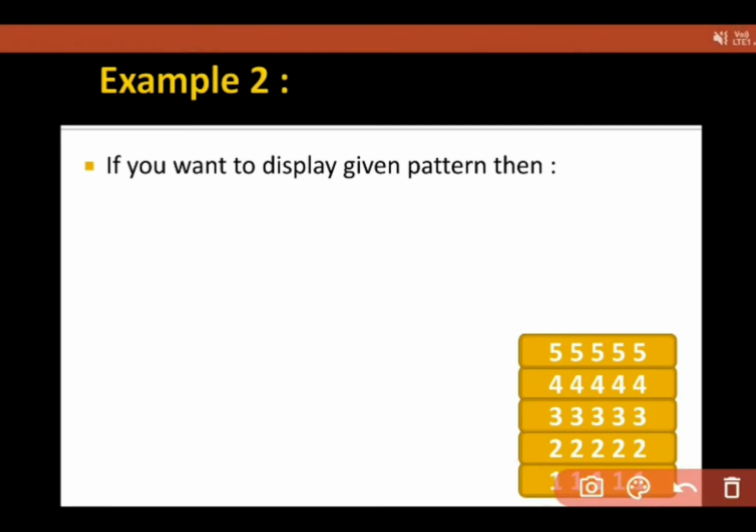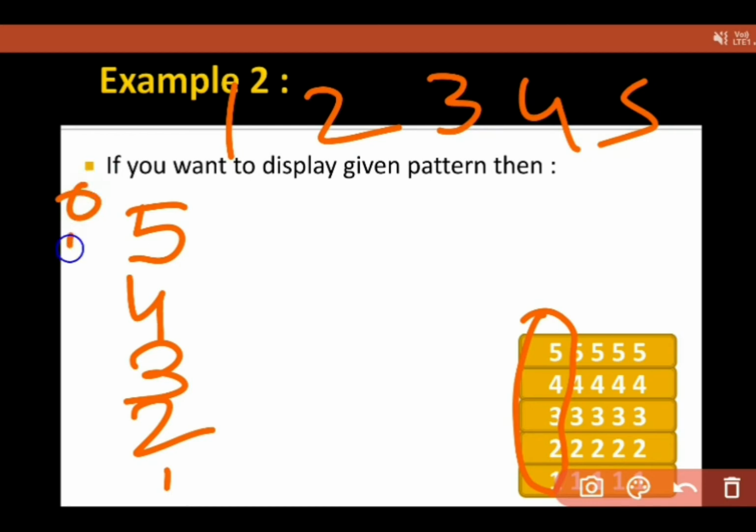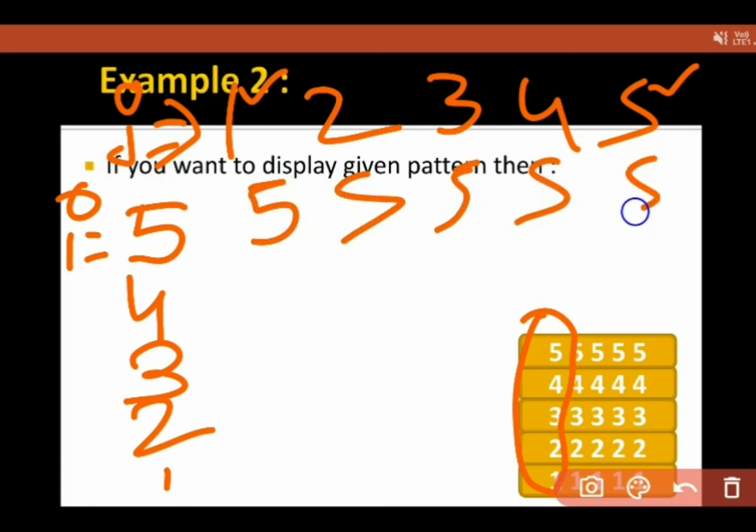Means, now whatever value I am having, 5, then 4, then 3, then 2, and then 1, but 5 times I have to do my task. Whatever value I am keeping in I, I have to repeat it 5 times. That's why I'm using counting of j from 1 to 5, and I want to display my I 5 times.